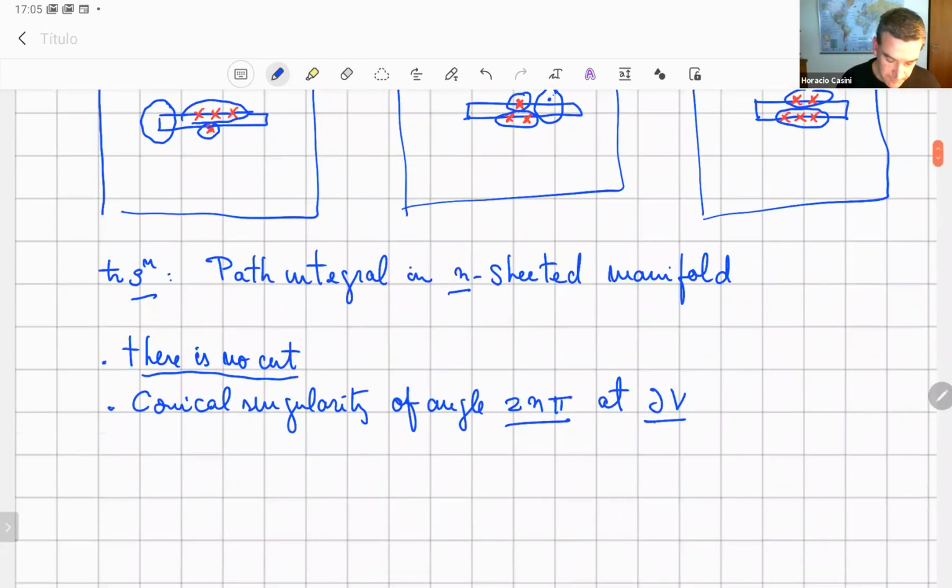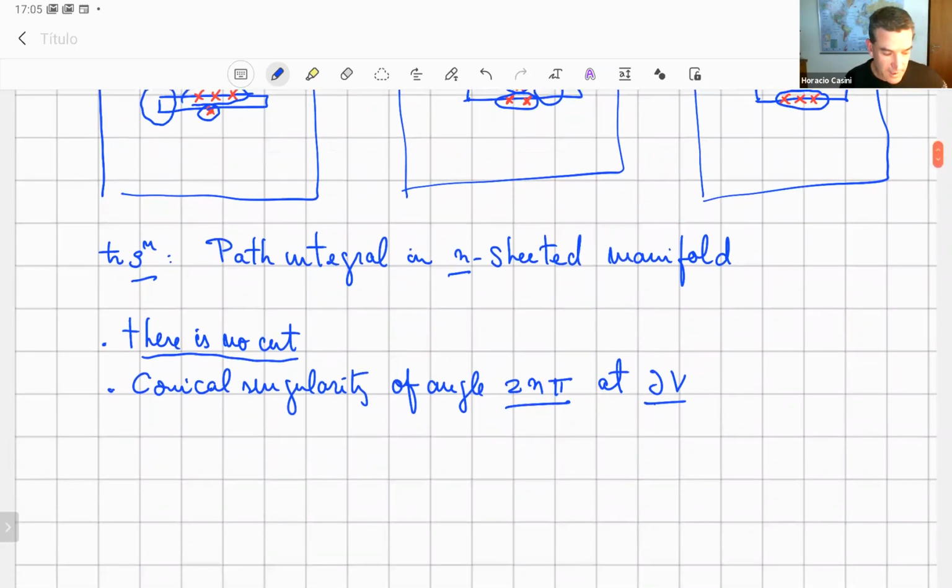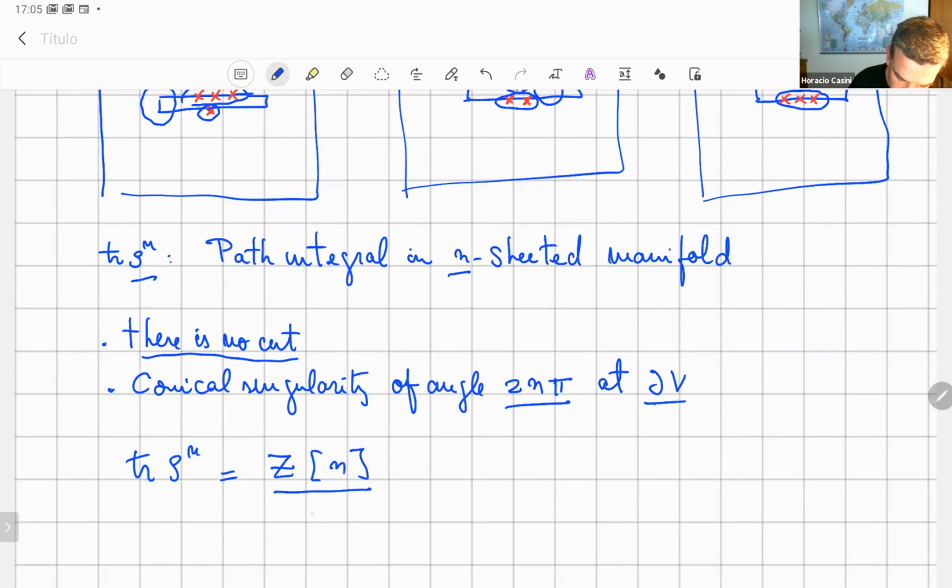So this gives you the computation of traces of rho to the n, and then we can write it as trace of rho to the n equal to the partition function on the n-replicated manifold divided by the partition function in the Euclidean plane to the power n.